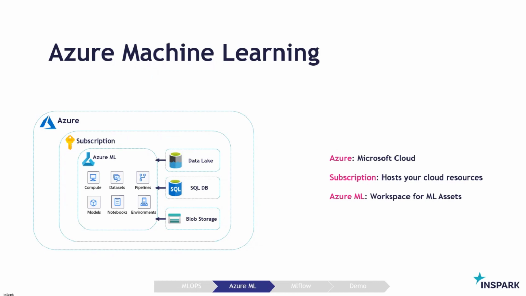Any resources that you use are made available to you by deploying them within your subscription, and Azure Machine Learning is one of those resources. But in order to use Azure Machine Learning, you need other resources as well, like shown here: Azure Data Lake or SQL databases or storage accounts.